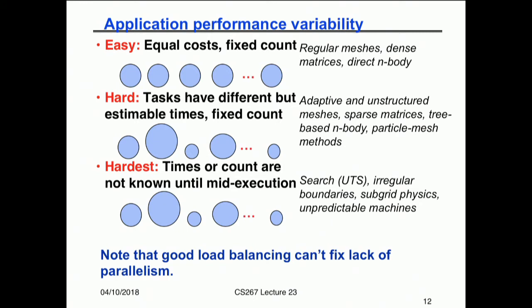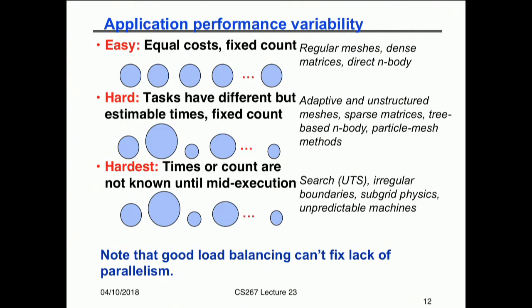It's a little bit harder if you have variable size tasks, but you have an estimate of what their cost is, and probably some estimate of the number of tasks that you're going to have. This can also come up a lot, and we'll talk about these as semi-static load balancing approaches, where, for example, you have a sparse matrix algorithm, but before you start, say, factoring your matrix or whatever you're going to do with it, or even if you're going to just multiply that sparse matrix times something, you can do some analysis to figure out how big each chunk is.